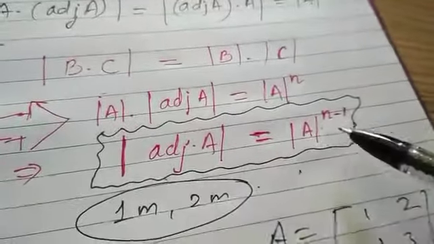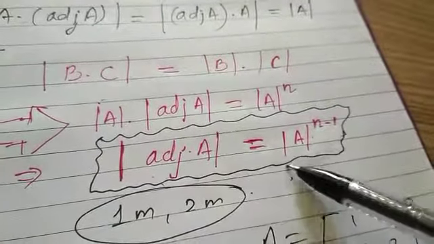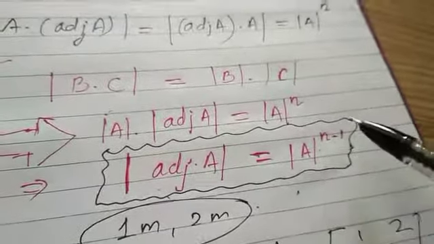So if A is of order 3, then the determinant of adjoint of A will be equal to determinant A raised to 2. So we have seen a 2 by 2 example, you can try a 3 by 3 example.